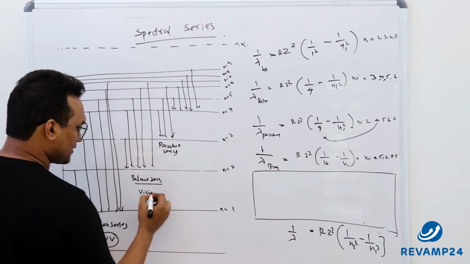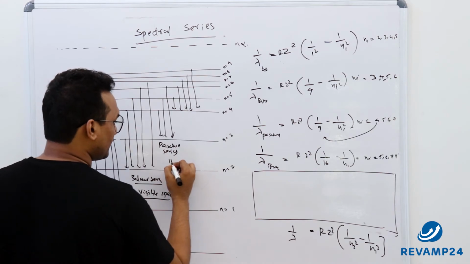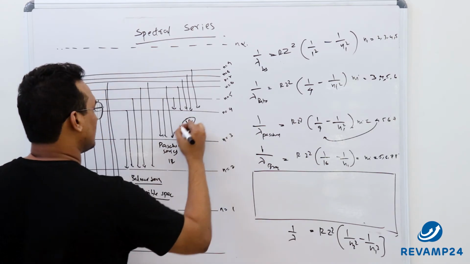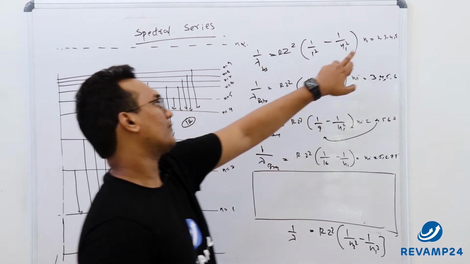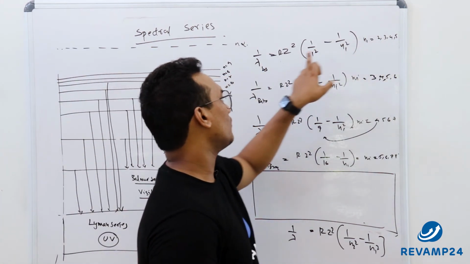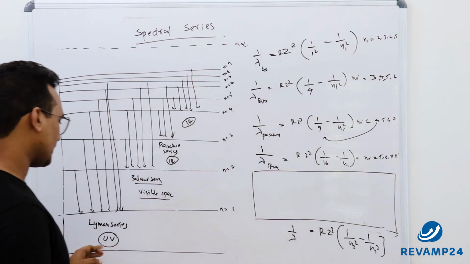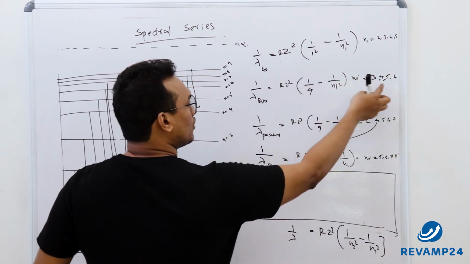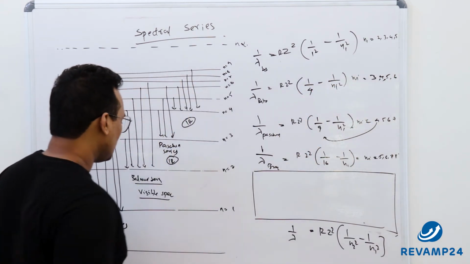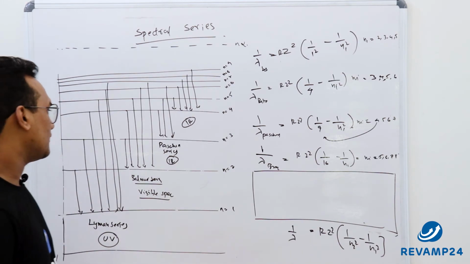We can see the Balmer series spectrum. The others are in the infrared region. We have different wavelengths here: from 2 to 1, one wavelength, 3 to 1, another, 4 to 1, another. So these wavelengths are associated with UV spectra. Here 3 to 2, 4 to 2, 5 to 2, 6 to 2 are associated with visible spectra. That is the difference.